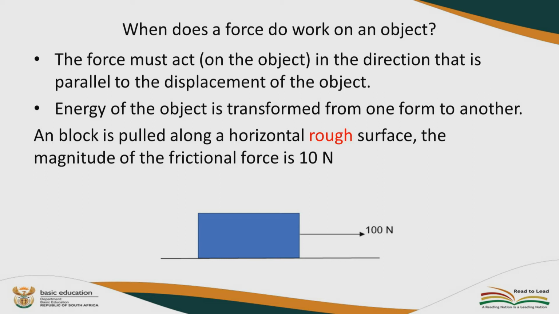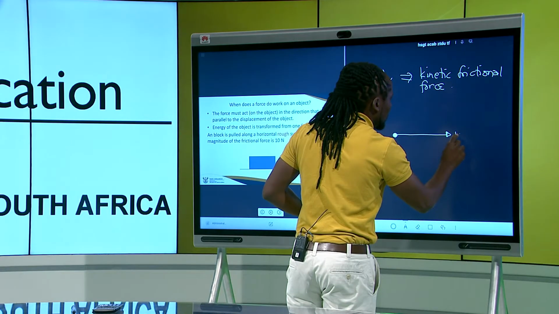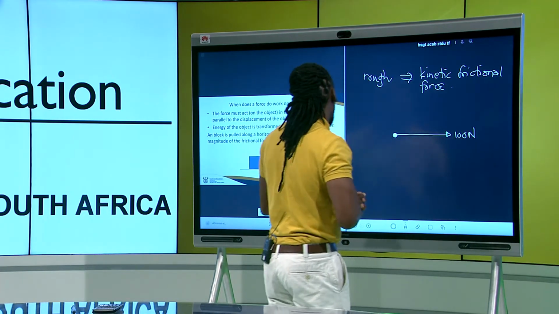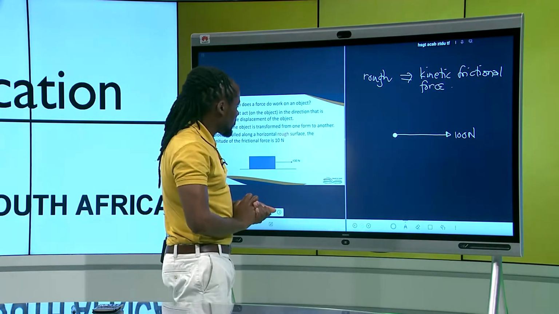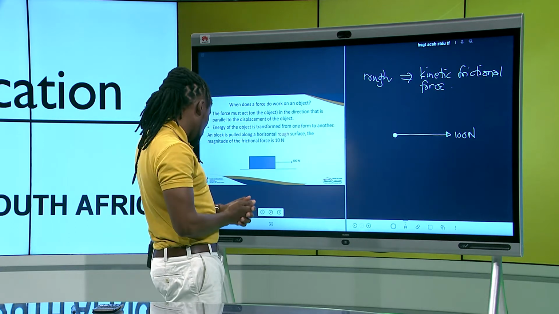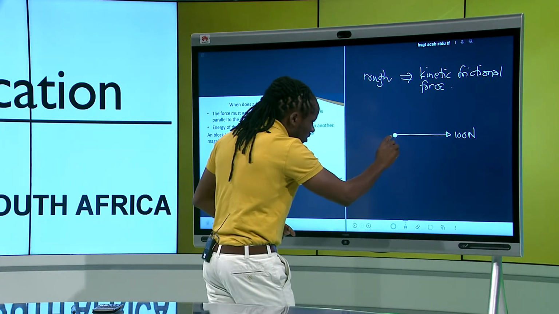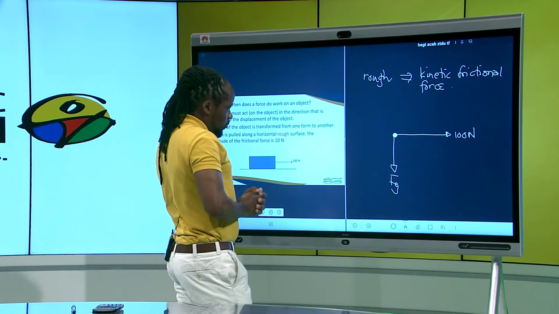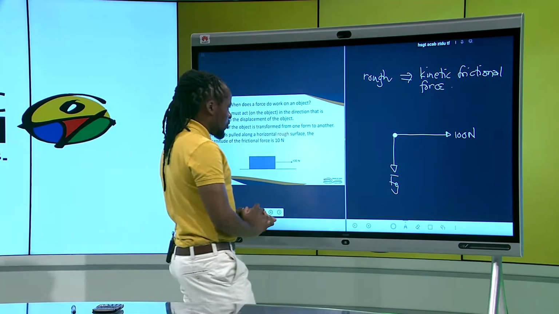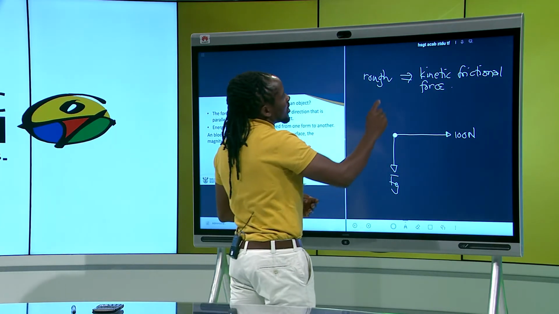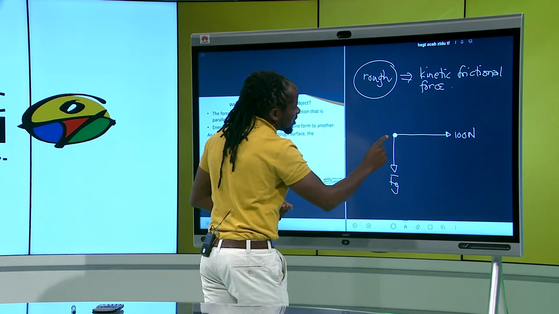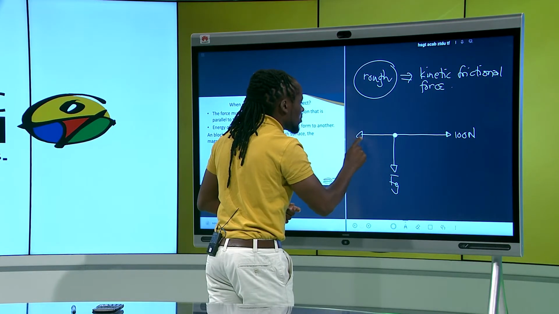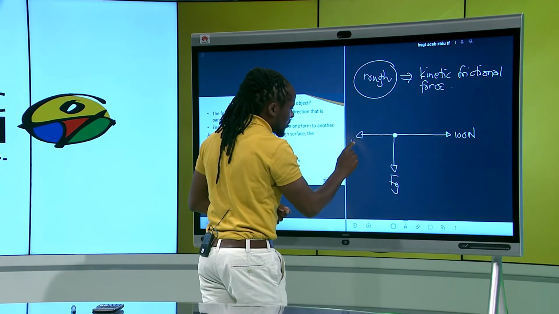So the object is represented by a dot there. Now, we've got the 100 Newton force acting in that direction. That's the applied force. What else do we have? There's a force exerted by the center of the earth on the object towards the center of the earth, which is the weight. That's our Fg. Now, we also have another force, because we're told that this is a rough surface, meaning there is a kinetic frictional force acting on the object of 10 newtons.